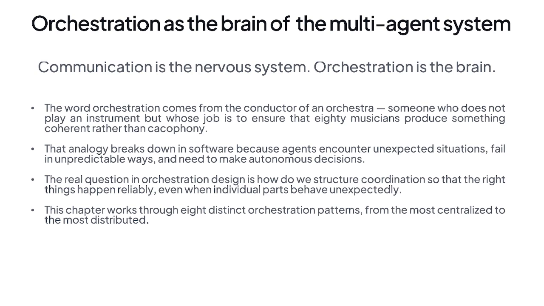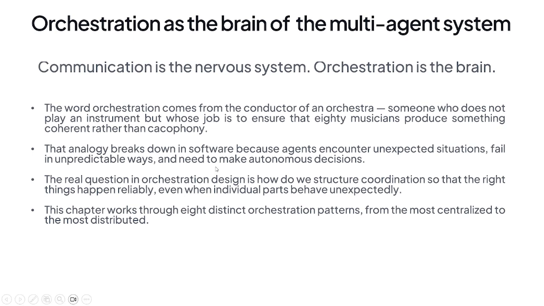This analogy breaks down in software because agents encounter unexpected situations, fail in unpredictable ways, and need to make autonomous decisions. So the real question in orchestration design is, how do we structure coordination so that the right things happen reliably, even when individual parts behave unexpectedly? That is the problem we are trying to solve in chapter 3, and it is of course solved.